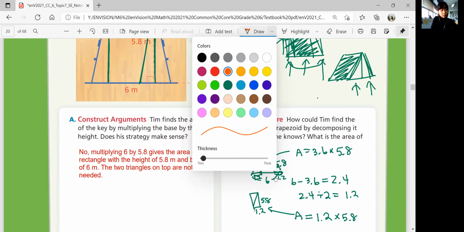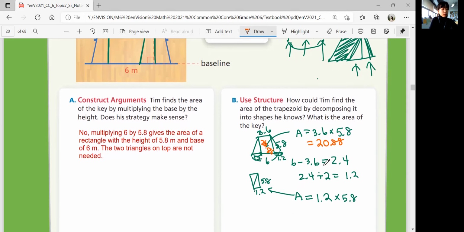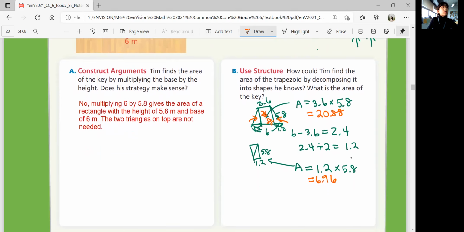So let's calculate that now. 3.6 times 5.8 is 20.88. So this rectangle is 20.88. And then 1.2 times 5.8 is 6.96. And so these two together is 6.96. Okay, so we're gonna add them. 20.88, what's the dimension?